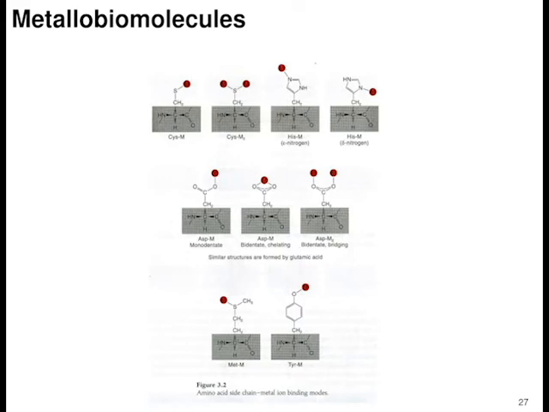Why is it always this N and not the other NH? Anyone has an answer? Take a guess. I'm trying to encourage interactive lessons. Because of the double bond? Yeah, double bond to a certain extent, yes. The orbitals. Yeah, orbitals, correct. You are close.